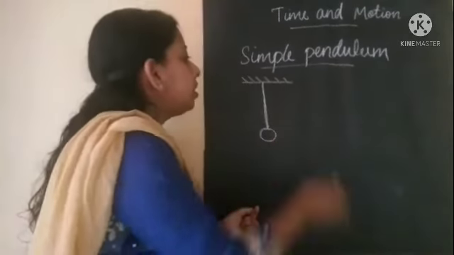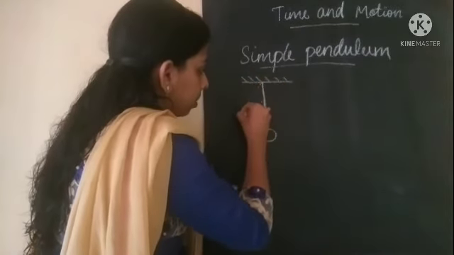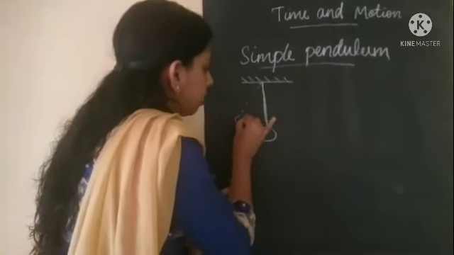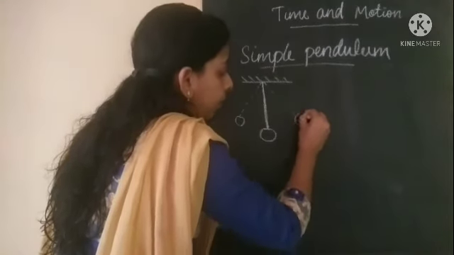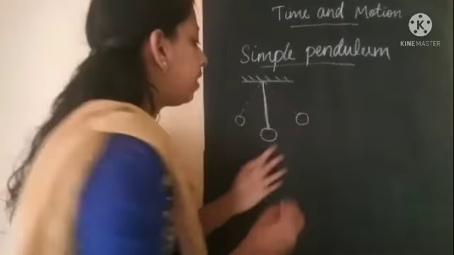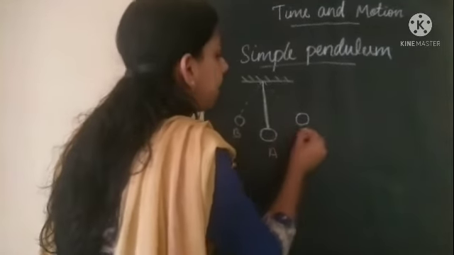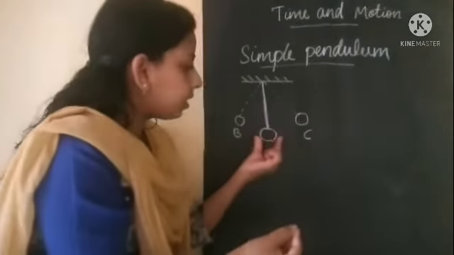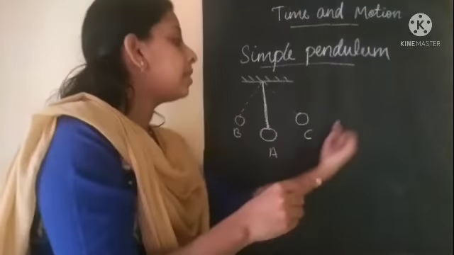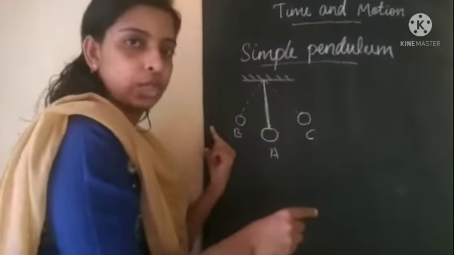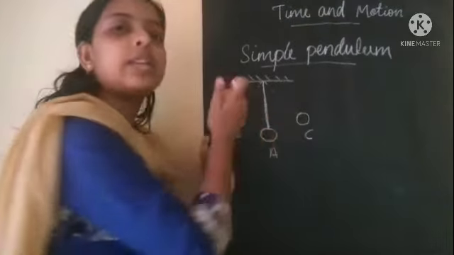Here we take the bob to one extreme position. Consider the points A, B and C. When the bob at A is taken to the left and we leave it, it will move to and fro, and that motion will be repeated in a regular interval of time.